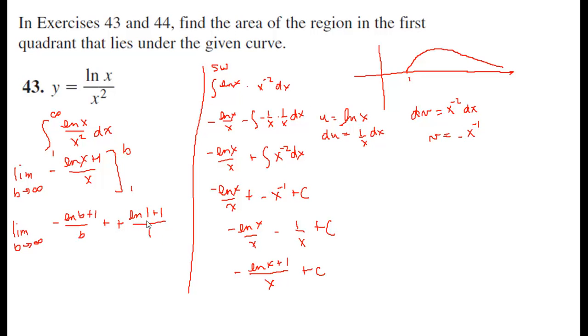Okay, natural log of 1 is 0, so this is going to be just a plus 1 out here. But what's happening over here?